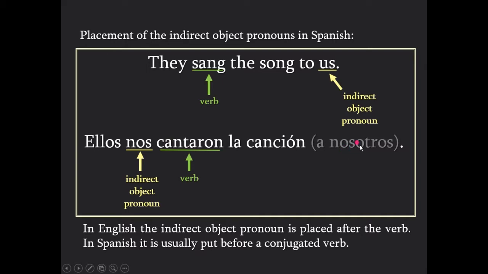But in Spanish, you can add this in if you want to really emphasize the fact, well, they sang the song to us, not to somebody else. But for the most part, this is not necessary, and you don't have to say it unless you really need to emphasize. So, ellos nos cantaron la canción, they sang the song to us. I could say ellos nos cantaron la canción a nosotros if I really need to emphasize that it was to us and not to somebody else, but that's very often not necessary.